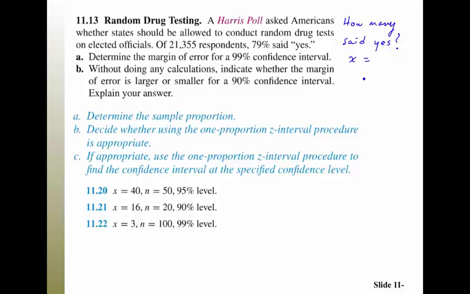Do that first, and then go ahead and do A and B. I think as long as you wrote down what that sigma is, p hat. Oh, wait. Let's do this together.